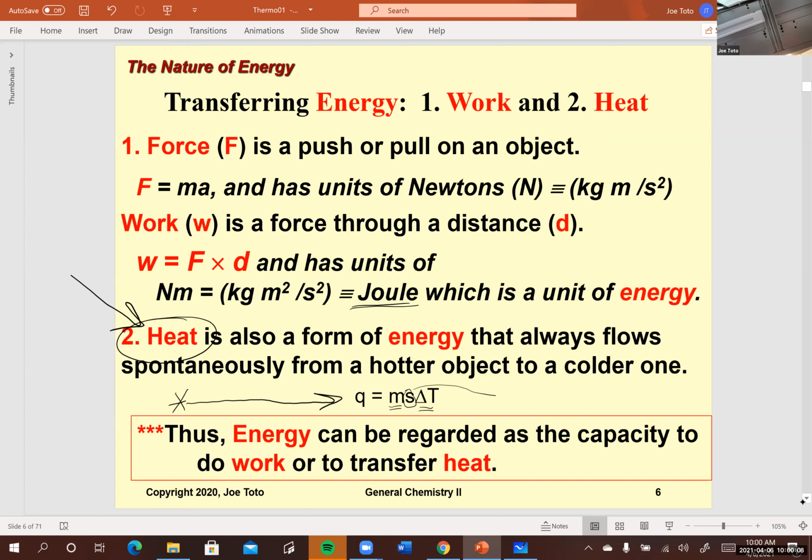Can anybody guess what the units of specific heat would need to be, in order to get, say, Q in units of joules, maybe?